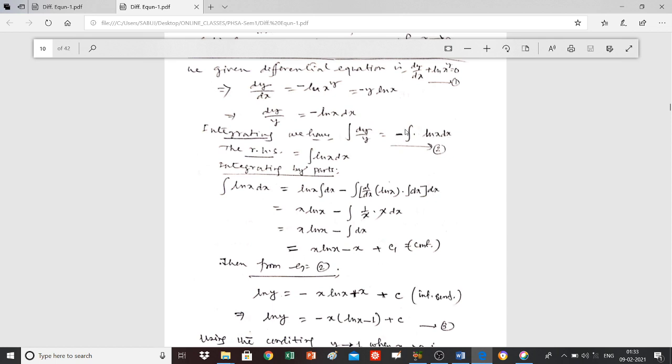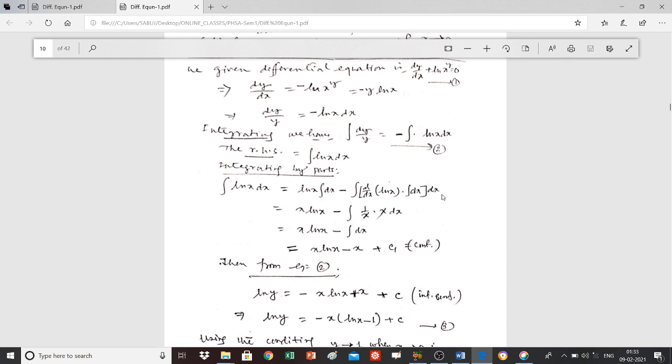To compute this integration, you have to apply the method of integration by parts. You can write log x dx: first take log x, then integrate dx, then minus the integration of the differentiation of log x times the integration of dx.